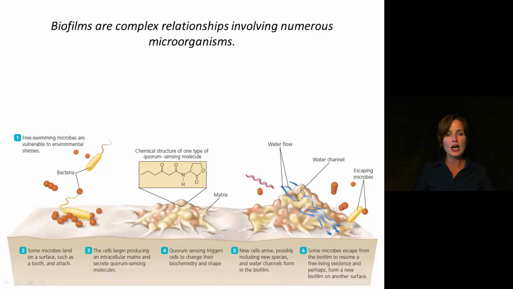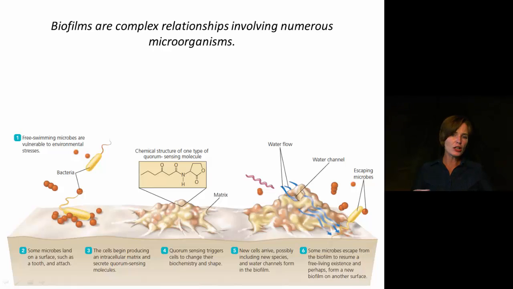And once the numbers reach a certain level, the individual bacteria or the individual microbes start to differentiate themselves into different roles. So they begin to work together, and some of the microbes will perform a role that is more for water channels. Some of them are going to probably be more for the production of carbohydrates or for collection of energy.